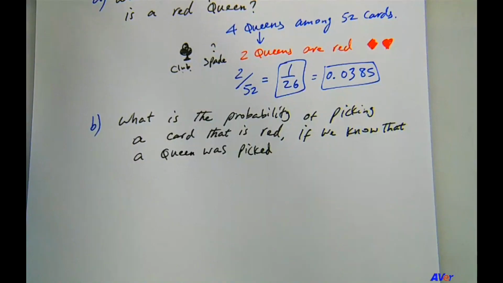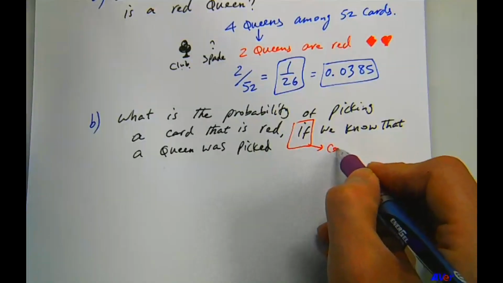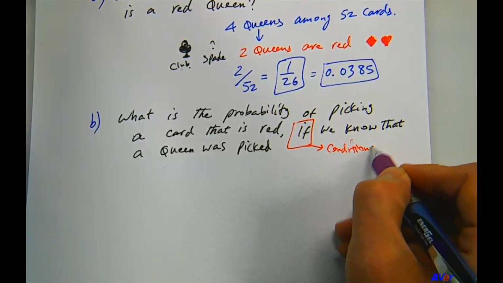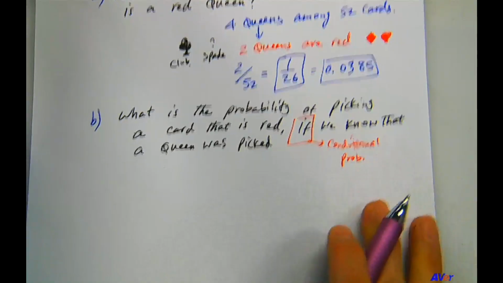So somebody tells us that we're blindfolded, we pick a card from this stack, and somebody tells us that it's a queen. What's the probability that it's one of the red queens? Okay, so because of this word, it is a conditional probability. That's a clue that we have a conditional probability problem.